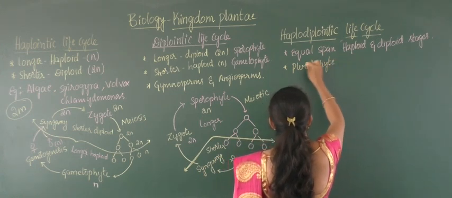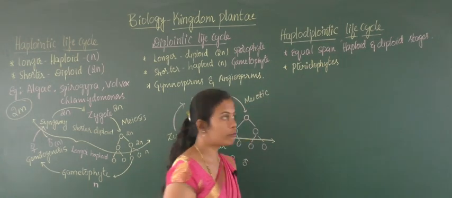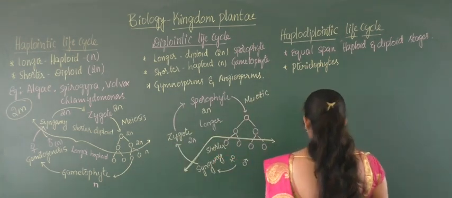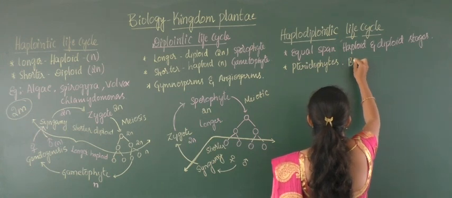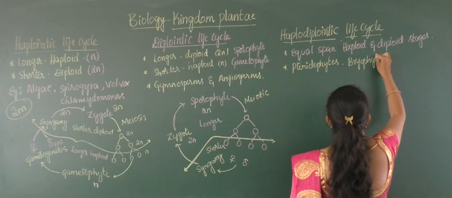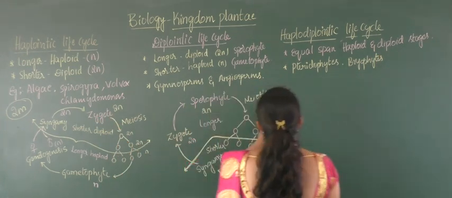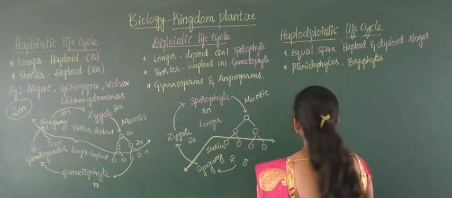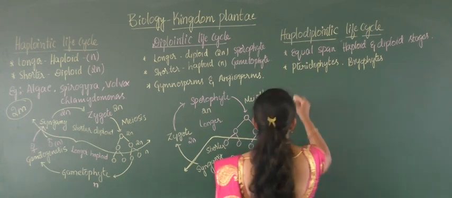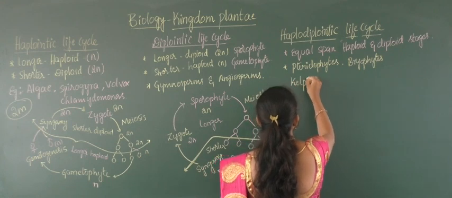Maybe I already mentioned this in the explanation regarding pteridophytes and bryophytes. So next is bryophytes, and later I have mentioned that a few algae will exhibit the haplodiplontic life cycle, and those are marine algae commonly called kelps.